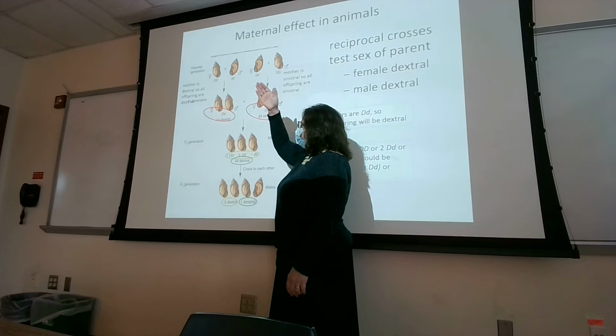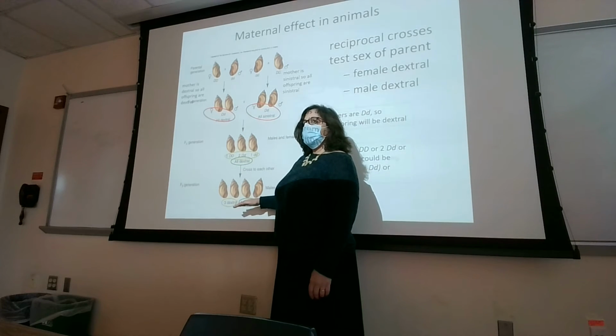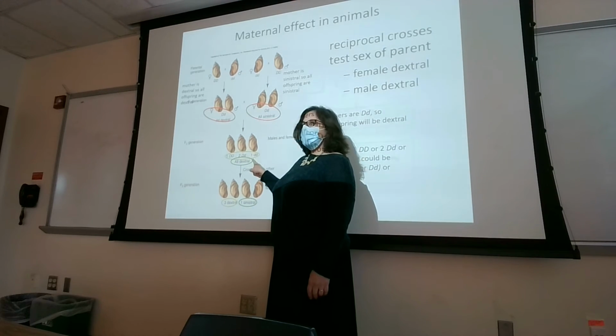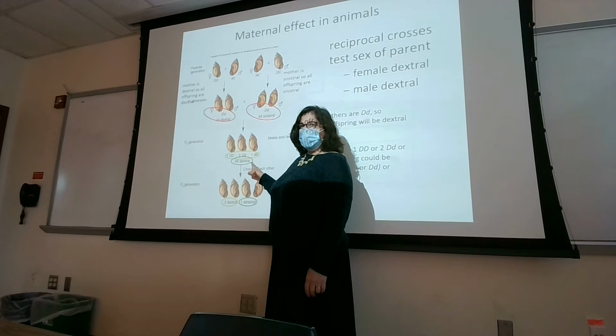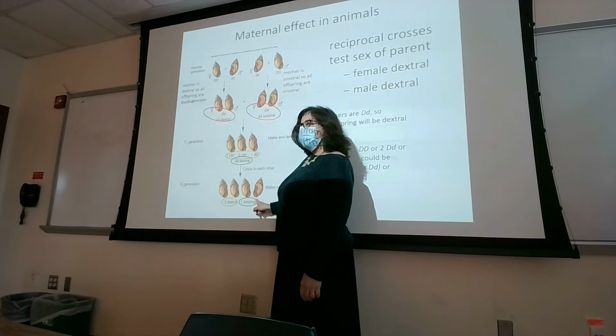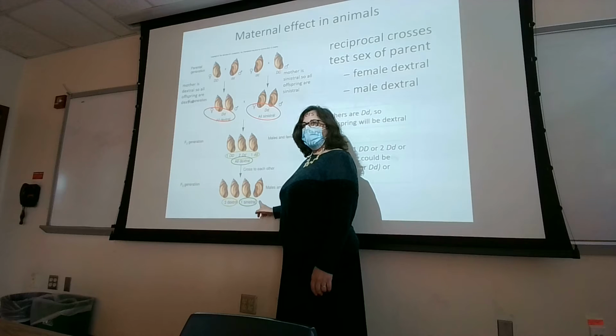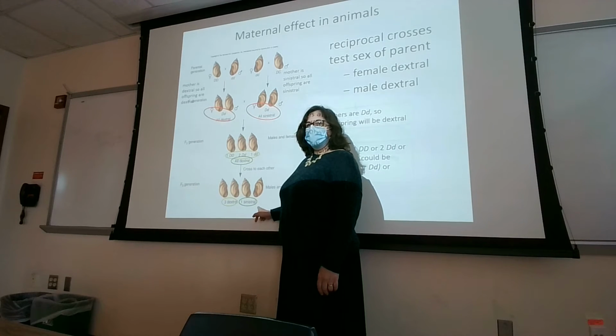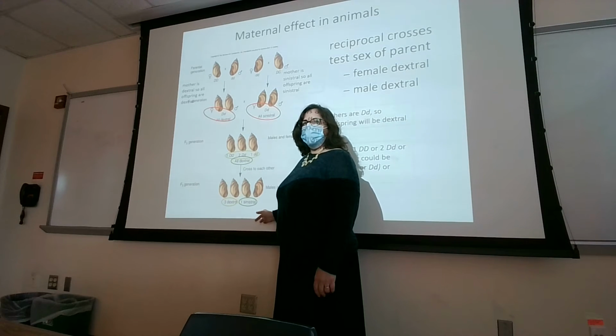And then if we extend it to the next generation, because we do have some recessive mothers, even though they have the dominant phenotype of right-handed, those recessive mothers can produce some recessive offspring. Well, all of their offspring will be recessive.